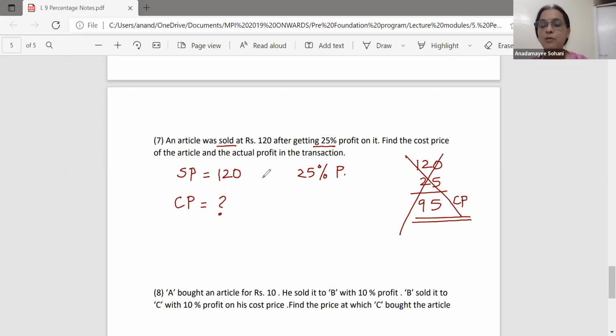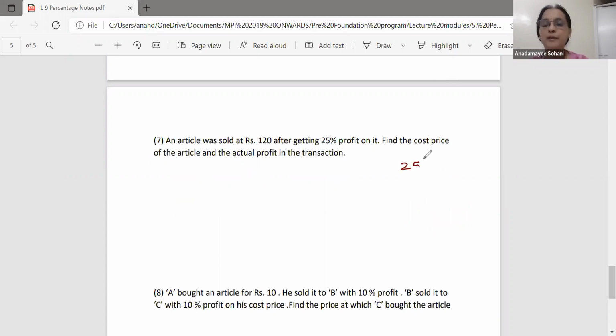I am not going to take percent of sale price, or if I find 25% of 120 and subtract it from 120. What is 25% of 120? That is 1/5 of 120.